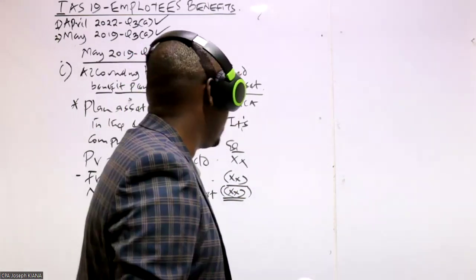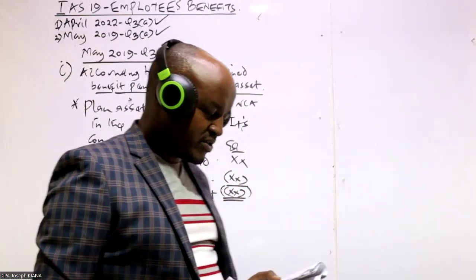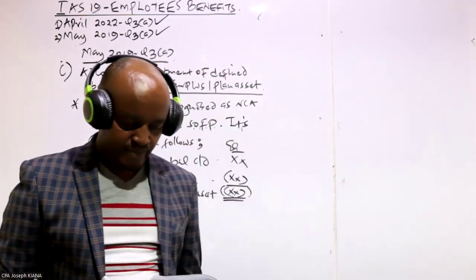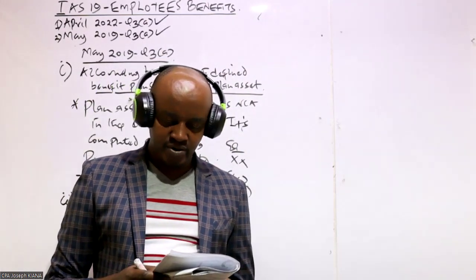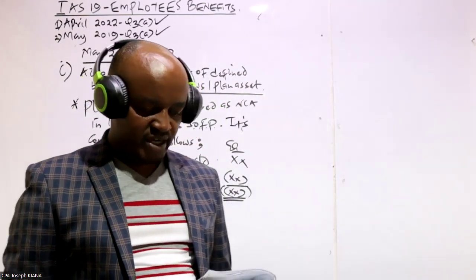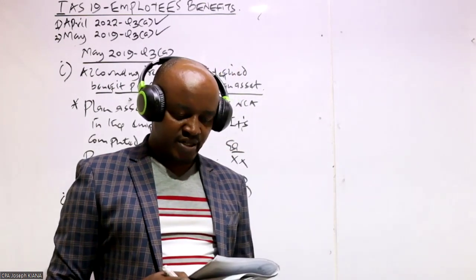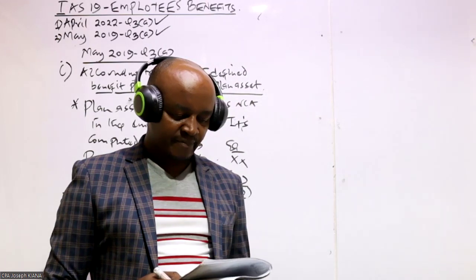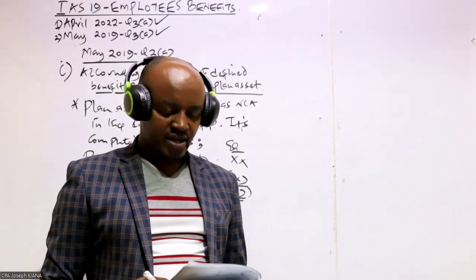So in Roman 2 of that particular question, we are told that W Limited, a public limited company, operates a defined benefit pension plan for its employees. The present value of the future benefit obligation as at 1st January 2018 was shillings 38 million, and the fair value of the plan asset as at the same date was 2860 million.